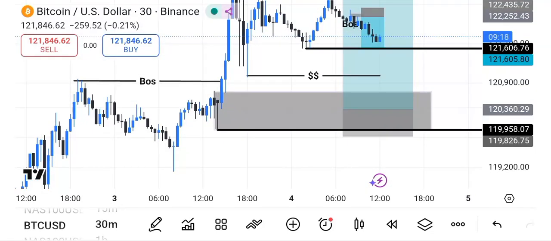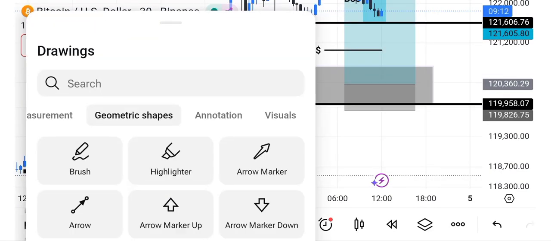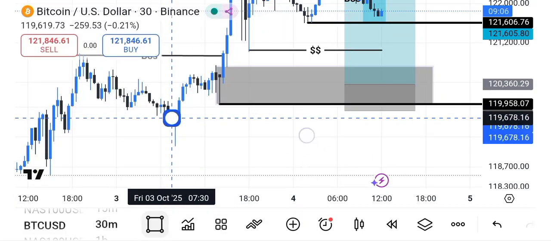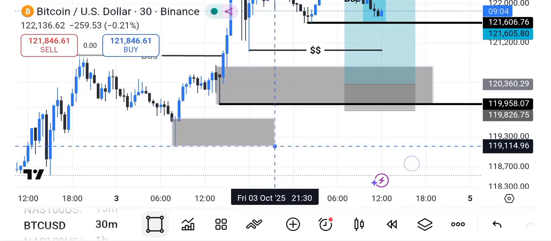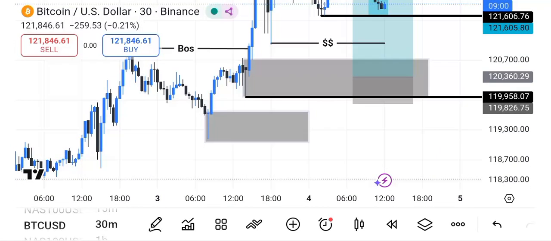I'm still looking at this as liquidity, because this zone can also be considered as another block.